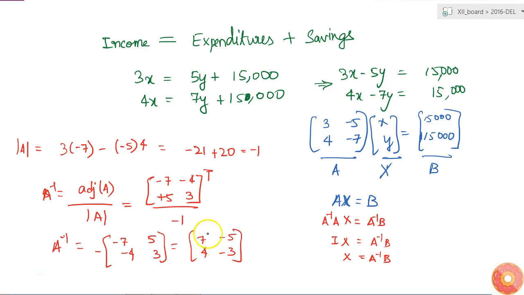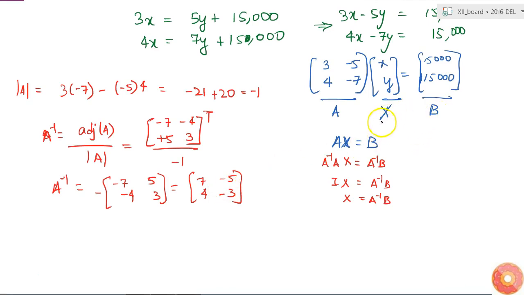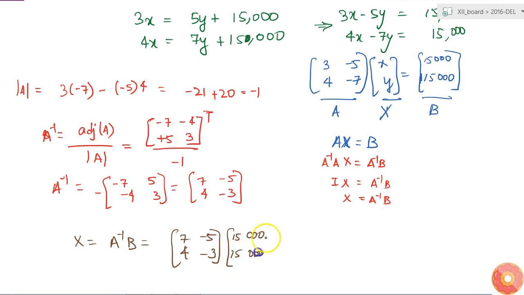So once I got the A inverse, I can find out what will be my X, correct? So X is simply A inverse into B, which is equal to 7 minus 5, 4 minus 3 multiplied by 15,000 and 15,000. So what will this come out as? That is 7 into 15,000 minus 5 into 15,000, which I can directly write as 7 minus 5 into 15,000.